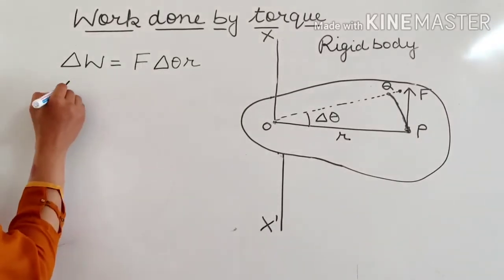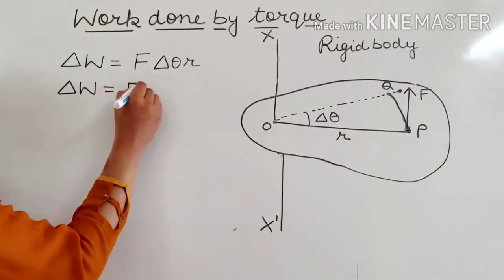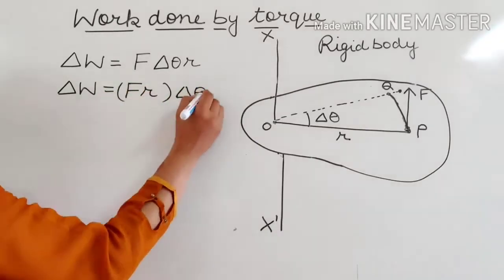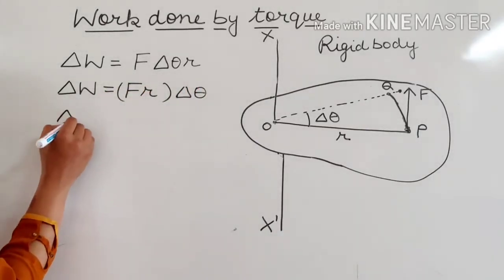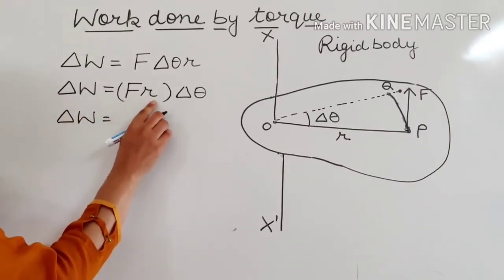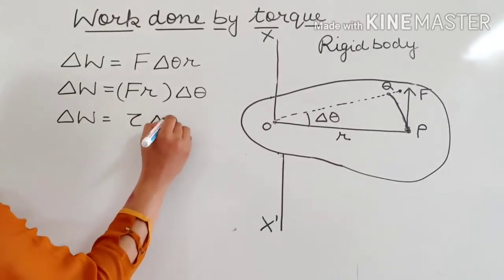Now rearrange the expression delta W, we can write F r delta theta, and we know force multiplied by perpendicular distance is the torque, tau delta theta.